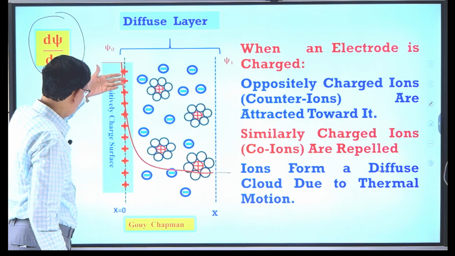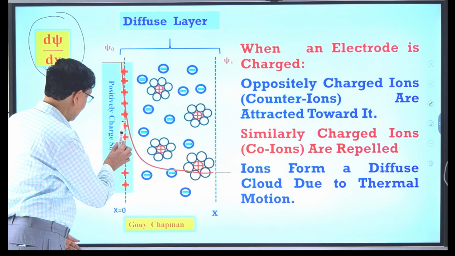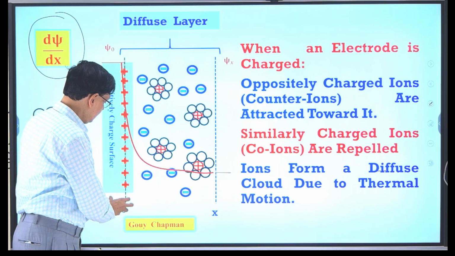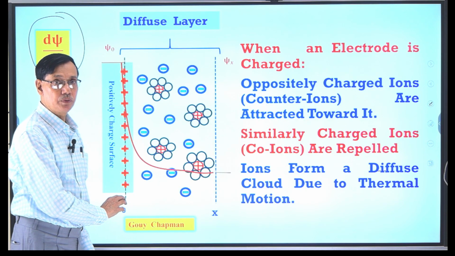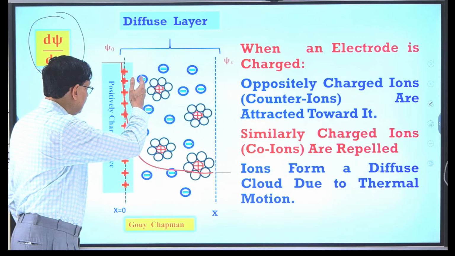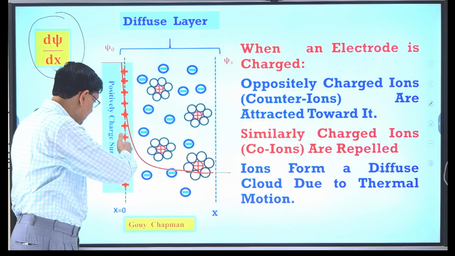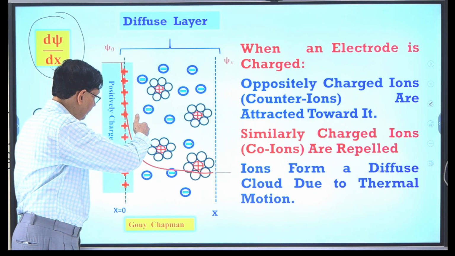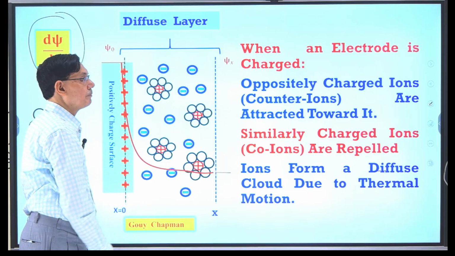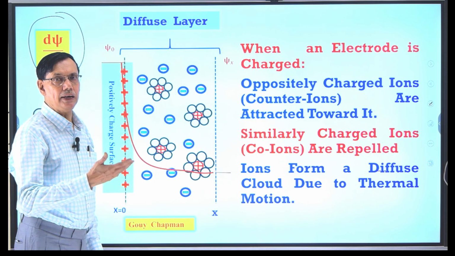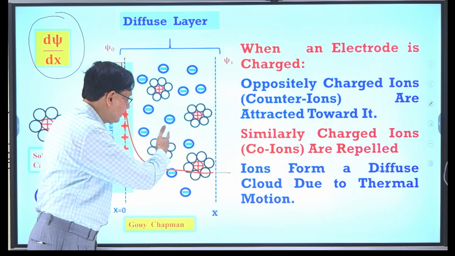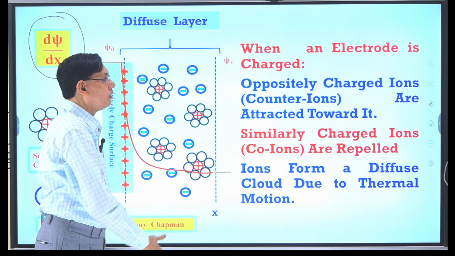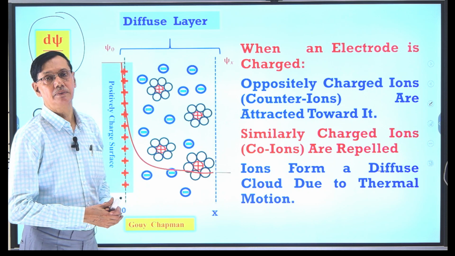If I am talking about the electrode, where distance is 0, and I am taking a positively charged electrode, there are certain negative anions there, but the remaining anions are also dispersed. So there is a formation of a diffused layer.